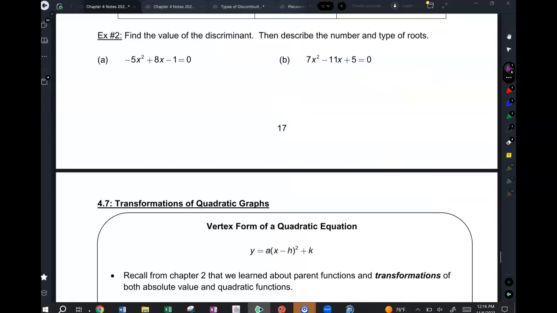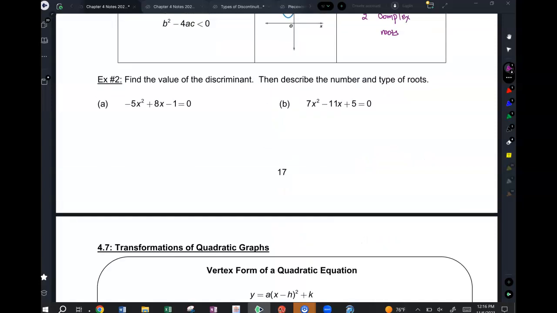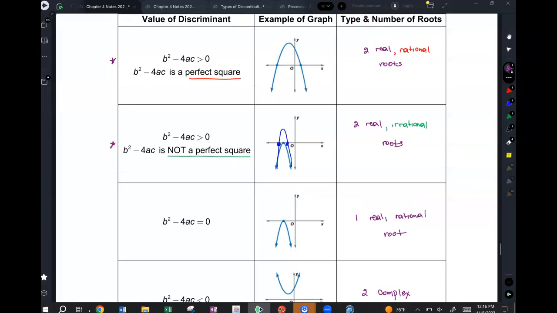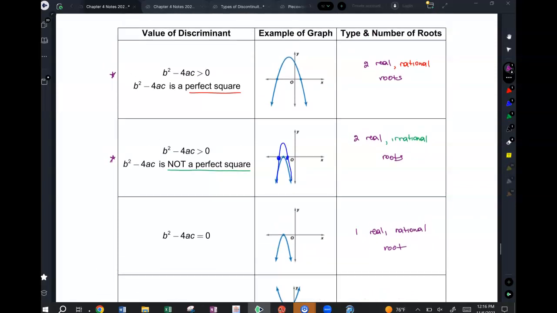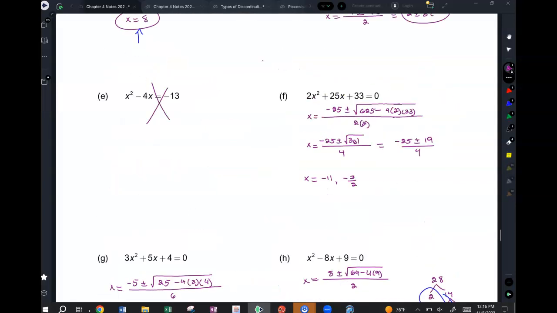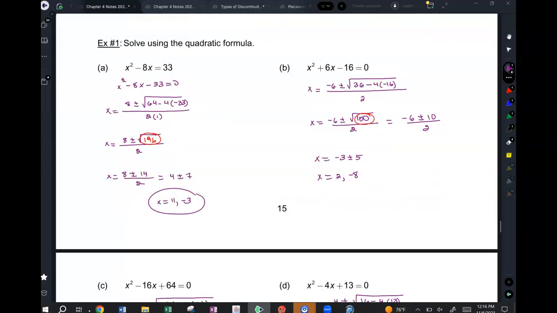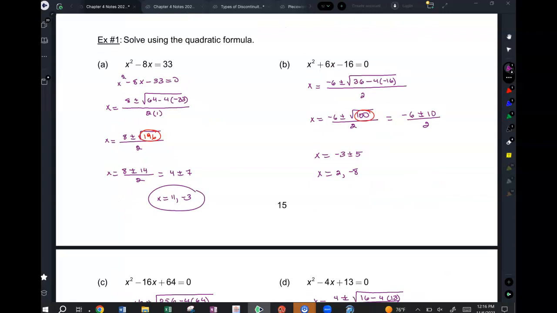Can you go up where it says like b squared? Like how are they not the same thing? How is one a perfect square and one's not? Oh, like here, for example, take a look at these. B squared minus 4ac, here I got 100, which is a perfect square. So my answers were nice and rational, right?